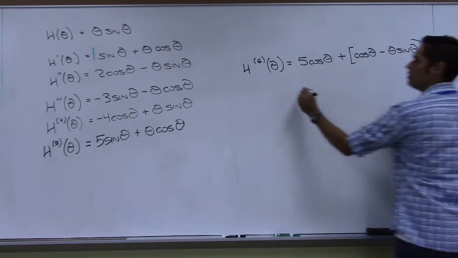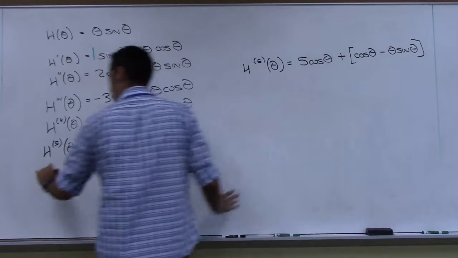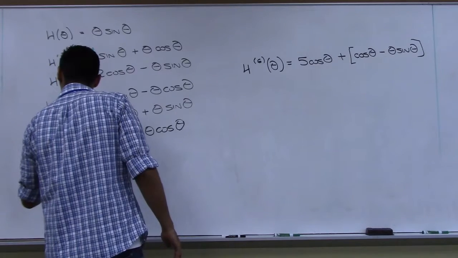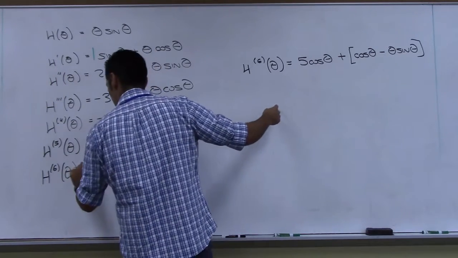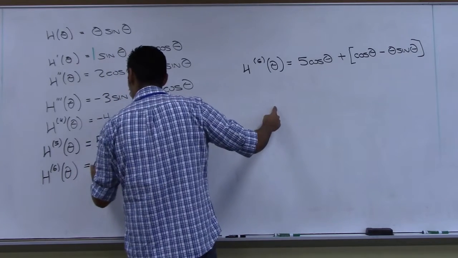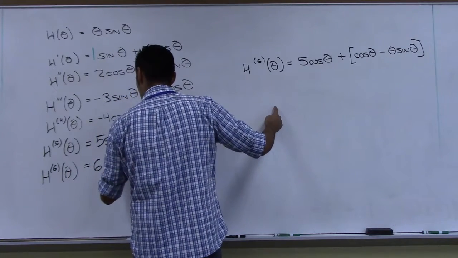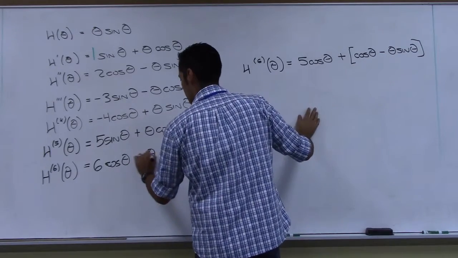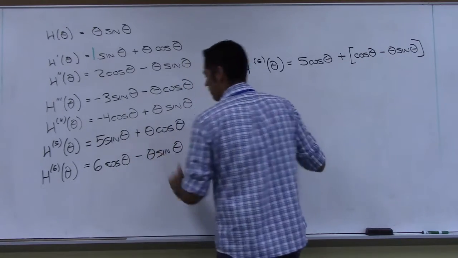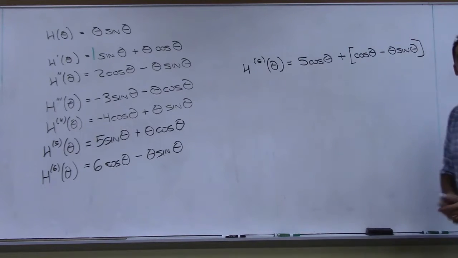Put it together, you get the 6th derivative, which is how many cosines? 6. That's refreshing. And it's positive. Cosine theta, and then minus theta sine theta. Was that what we were hoping for? Yeah, I think so. I think we've got it.